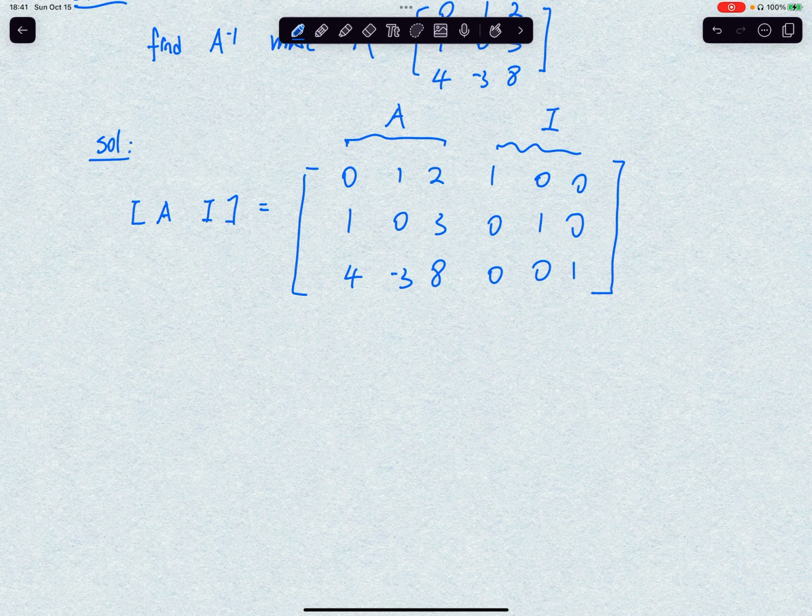We first observe that this starts with the first element vanishing and the second element non-vanishing. So we interchange these two rows, and this gives us 1, 0, 3, 0, 1, 2, 4, minus 3, and 8.